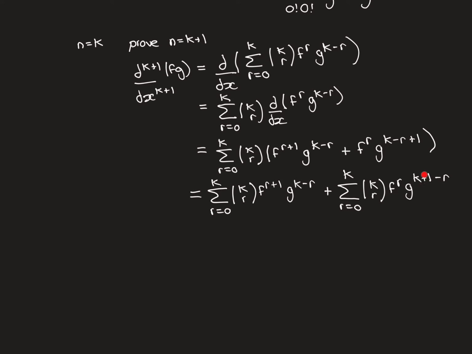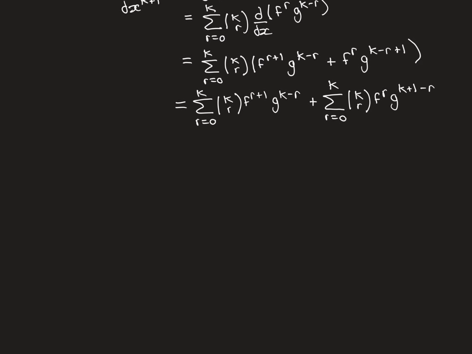We wanted g differentiated k plus 1 minus r times, so there's our first little manipulation. So we can do this because each of these is just a finite sum, so you can rearrange the terms like this in finite arithmetic with no problems at all, so that's fine.